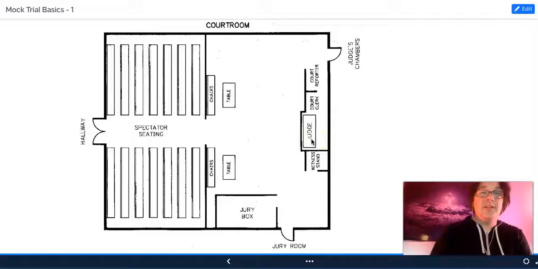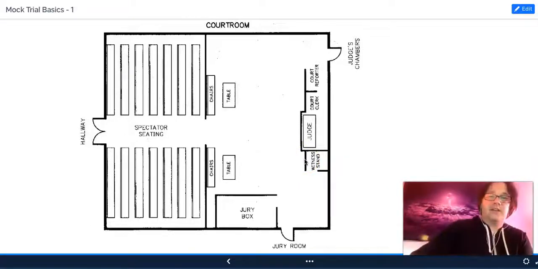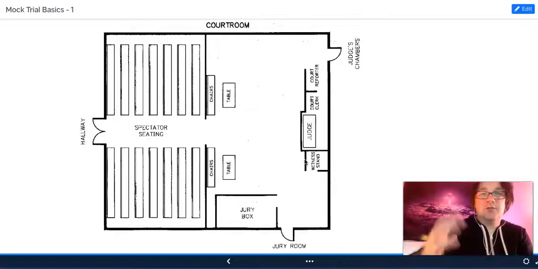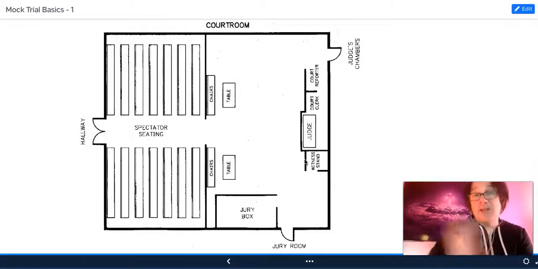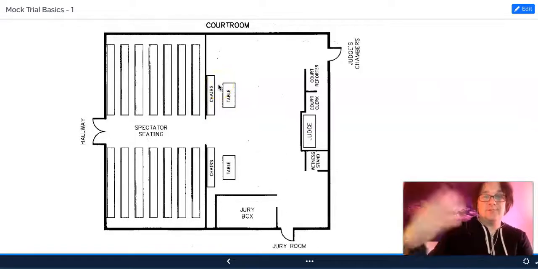So all of those TV shows that you see where the prosecution walks up to the witness on the stand and leans up against the witness, or bangs their hand on the railing of the witness stand, that would not happen.